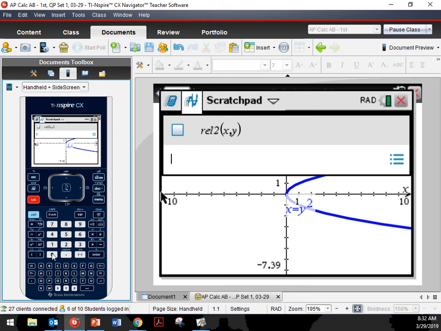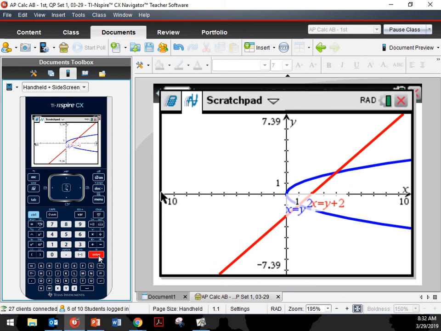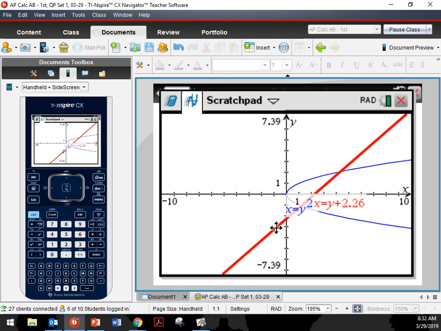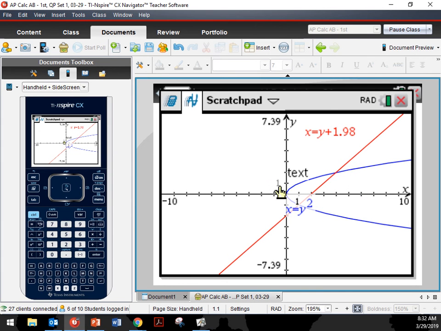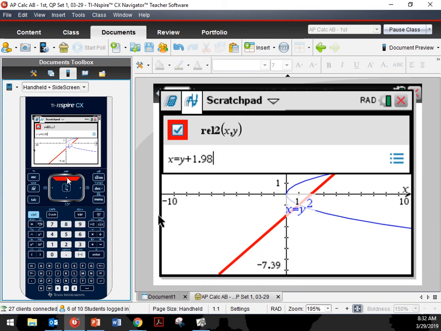And the other one is x equals what? y plus 2. Okay, you're right. That's why I wanted to go to the graph.